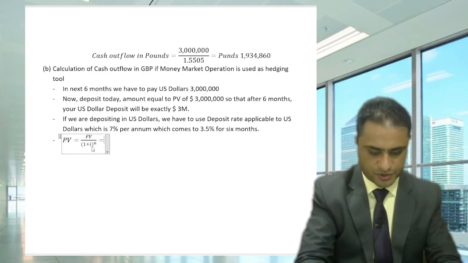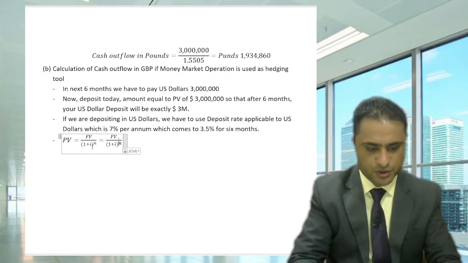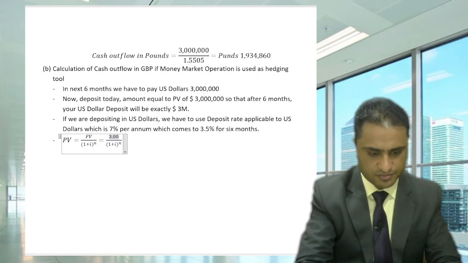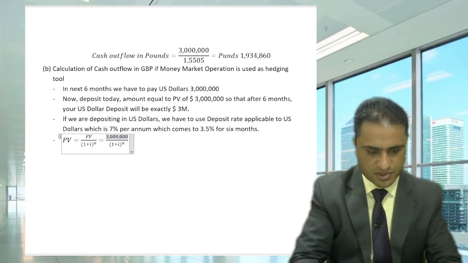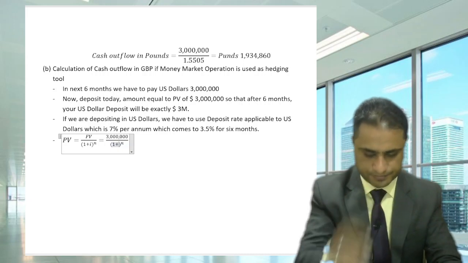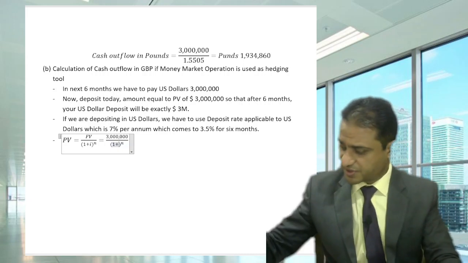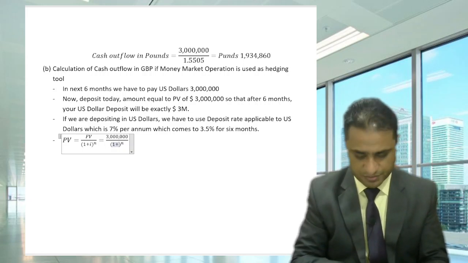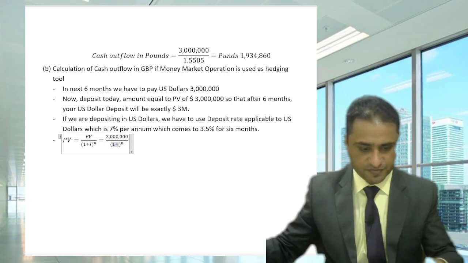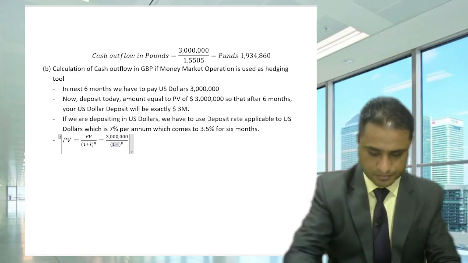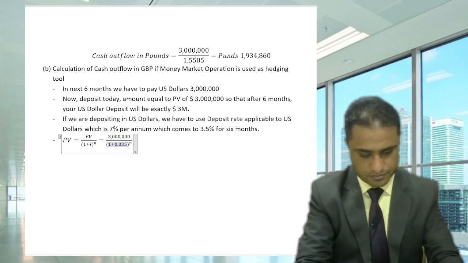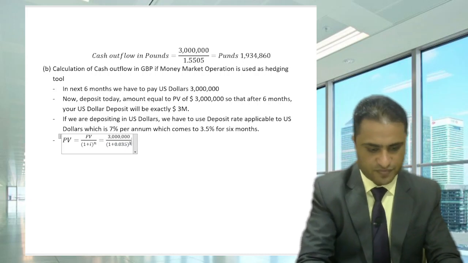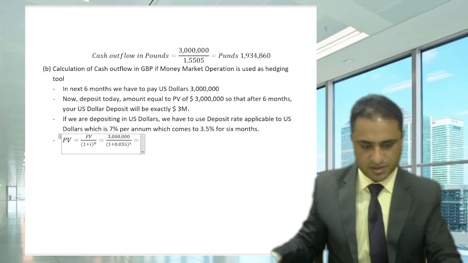So let's put up the values here. Our future value is $3 million, and the rate of interest applicable for 6 months is 3.5%. So 3.5 divided by 100 in terms of point is 0.035, and the conversion period will be 1.